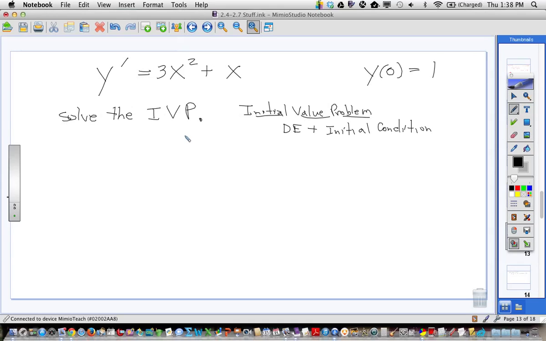Because this is the first type, the type we can solve. Because it has all x's in it here. See? So talk about it with your neighbor if you're not sure what to do.